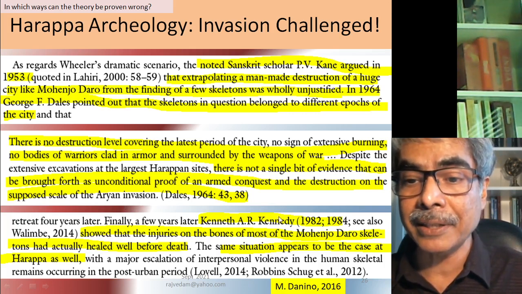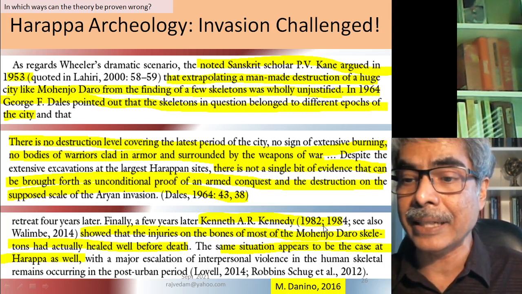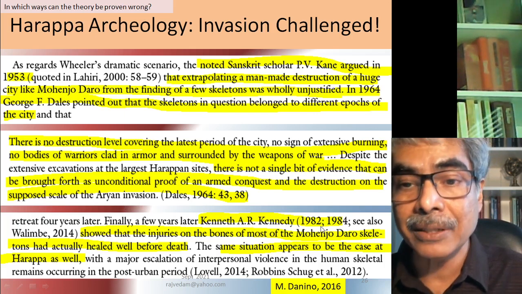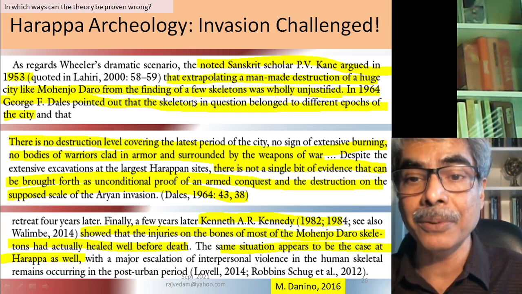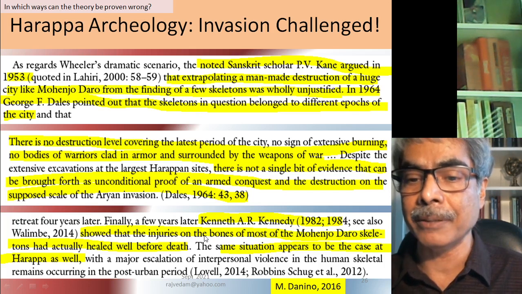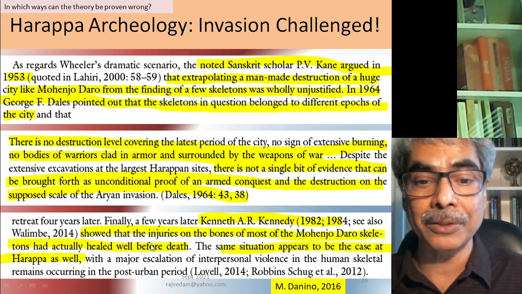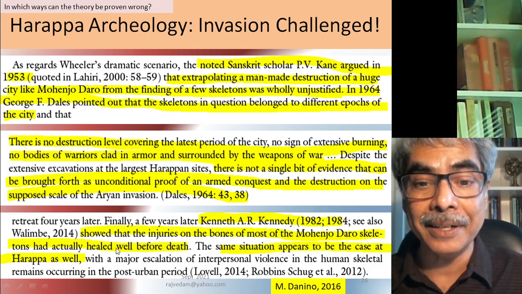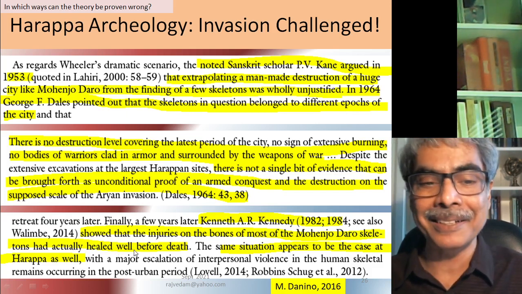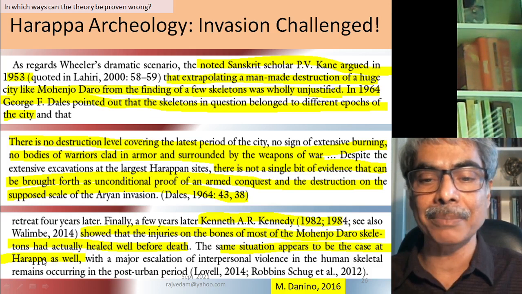And Kenneth Kennedy is an American scholar, 1982. He further examined some of these bones from the skeletons in Harappa, and he said the injuries of the bones of most Mohenjo-daro skeletons had actually healed well before death. And there's the same situation at Harappa as well.